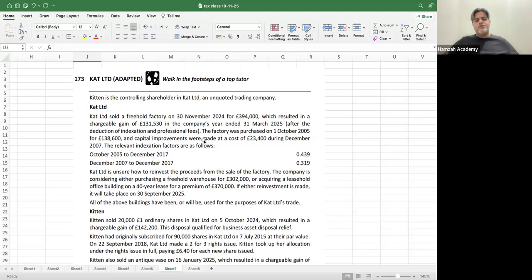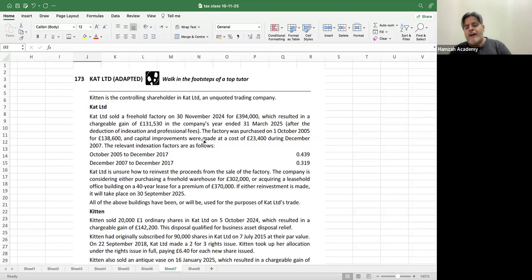Kate Limited is unsure how to reinvest the proceeds from the sale of the factory. The company is considering either purchasing a freehold warehouse for 302,000 or acquiring a leasehold office building on a 40-year lease for a premium of 370,000. If either of the investments is made, it will take place on 30th September 2025.